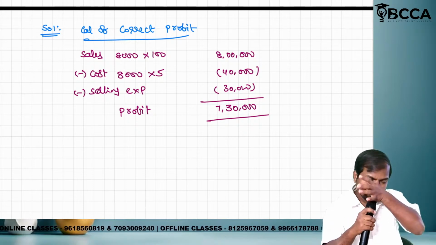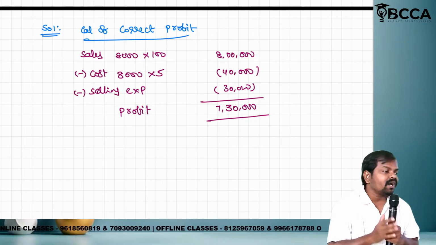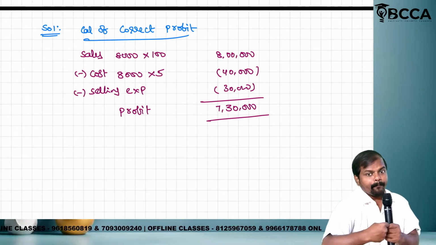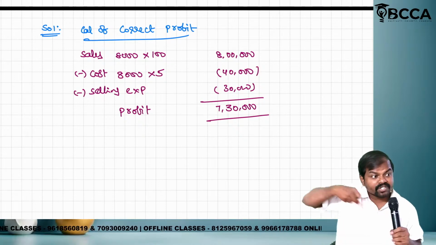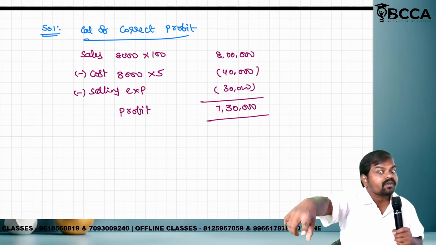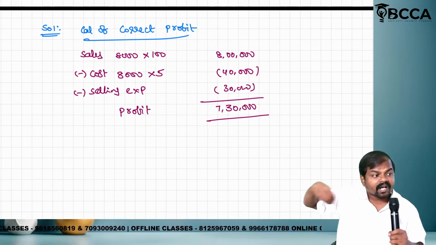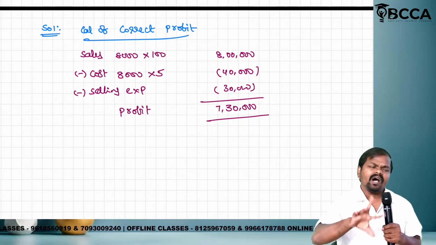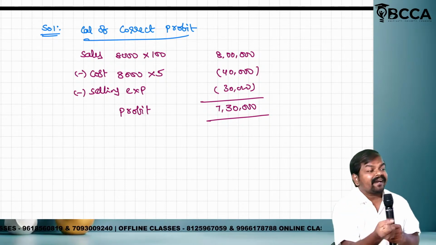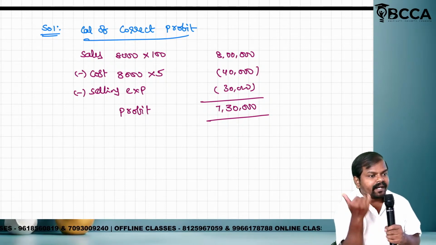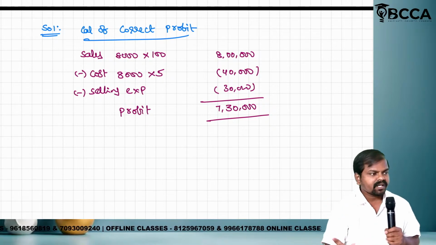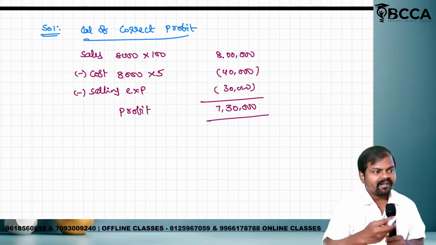Product cost, some portion expired based on sold units, some portion unexpired based on unsold or closing stock. Period cost is fully expired in that year itself. Is it clear? Don't write along with me, I will give time to copy.